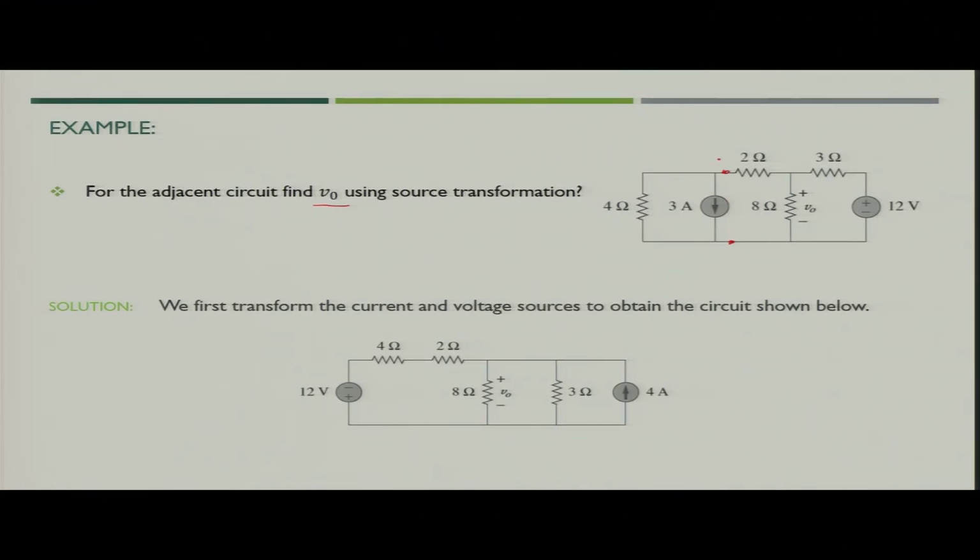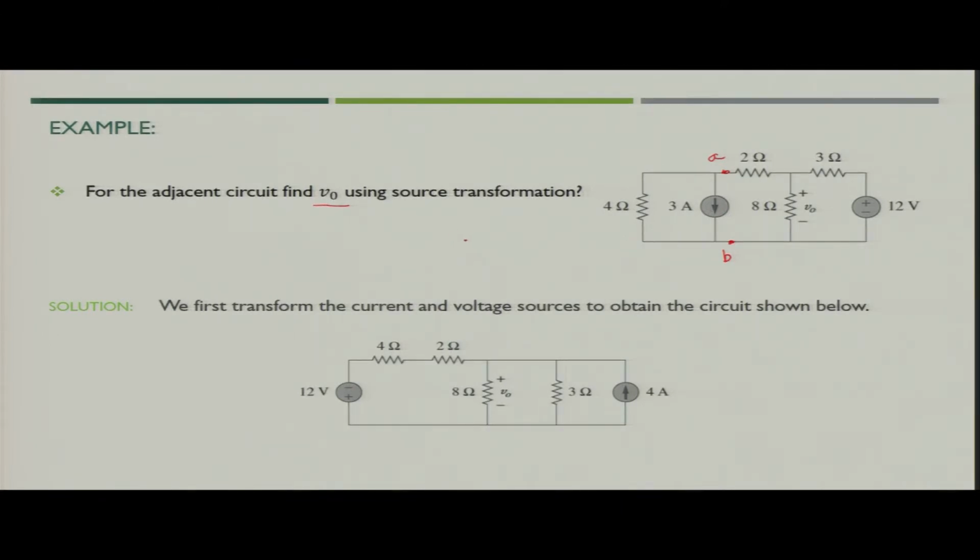Let us say that this is terminal A, terminal B, and the left side of this terminal is one current source, and in parallel with that there is one resistance. This is similar to what we discussed previously, a current source in parallel with resistance, which is an ideal candidate to be transformed into a voltage source in series with one resistance.